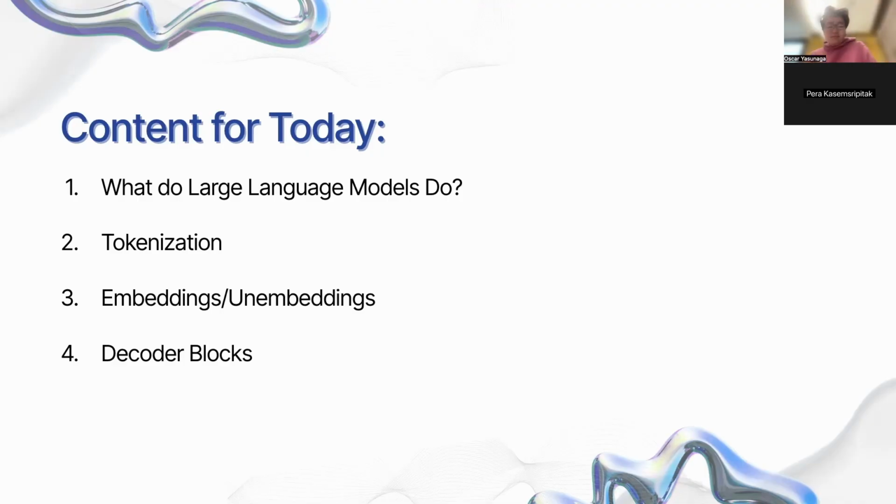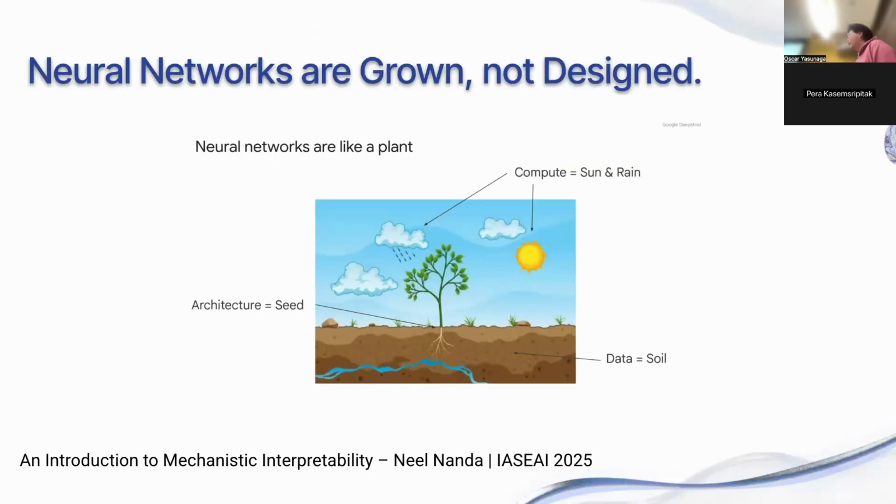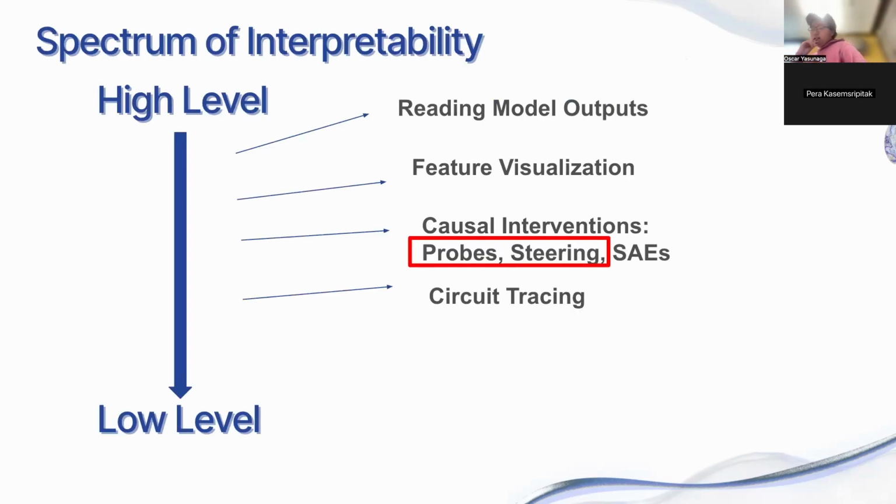Again, last week we talked about how neural networks are grown, not designed. You can almost view it as an organic system. The actual solution that this neural network finds is very efficient and effective, but how they go about doing this is still unknown to us.